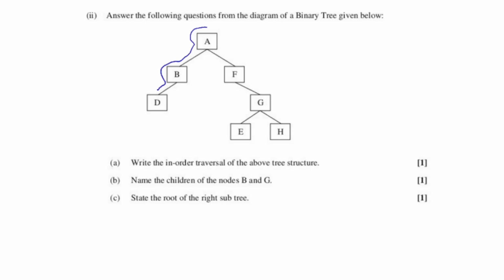And whenever you go from under a node, you display the node. So right now we are going under node D. So we'll say D. Then you keep moving on around the corners. Now we are under B. So we'll display B. Then we'll keep on moving. Now we are under A. So we'll display A. Similarly, we'll move forward.